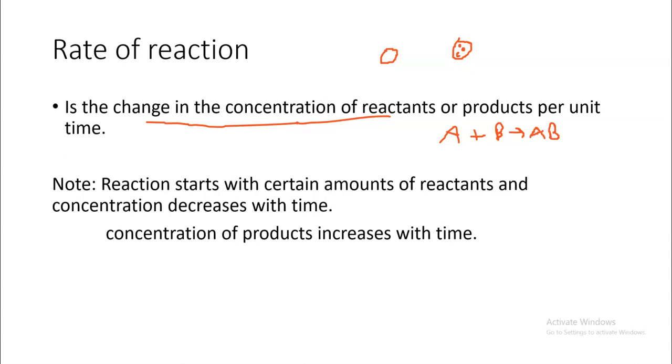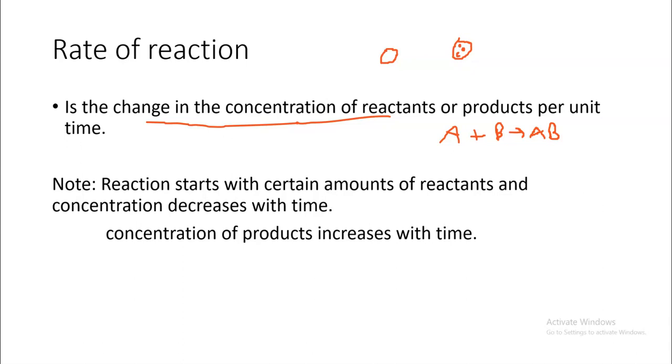So A and B are my reactants, whilst AB is my product. Always know, as the reaction proceeds, the concentration of reactants, A and B, will always decrease with time because we're using them. Oppositely, the products will increase with time because I'm forming products.